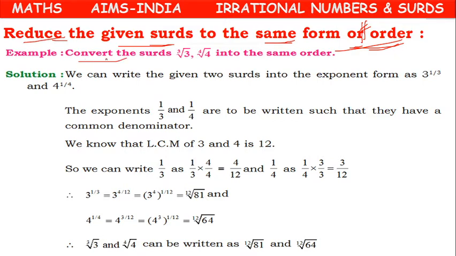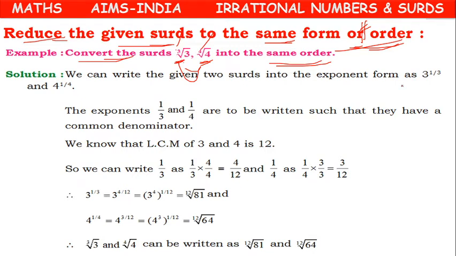So convert the surds cube root of 3 and 4th root of 4 into the same order. Here the order is 3, here the order is 4. It's a cubic surd, it's a biquadratic surd. Orders are different. We have to convert them into the same order.